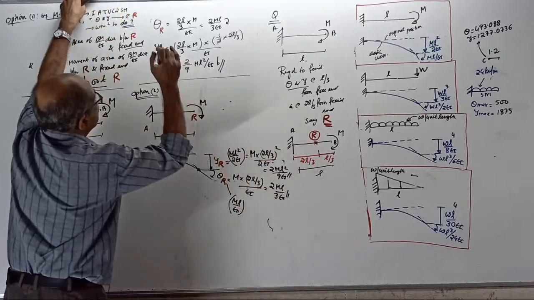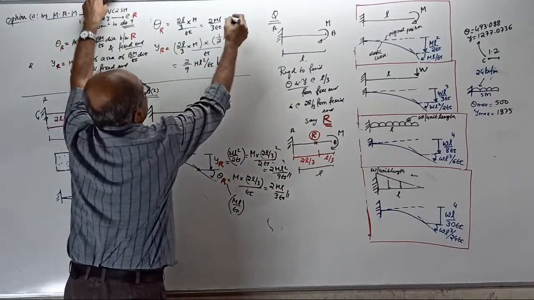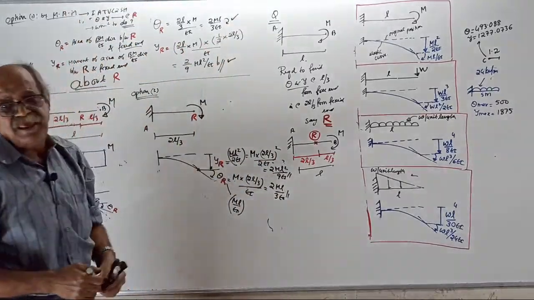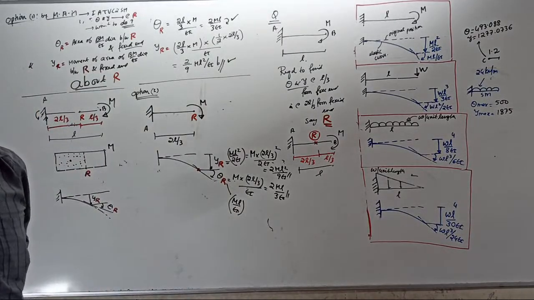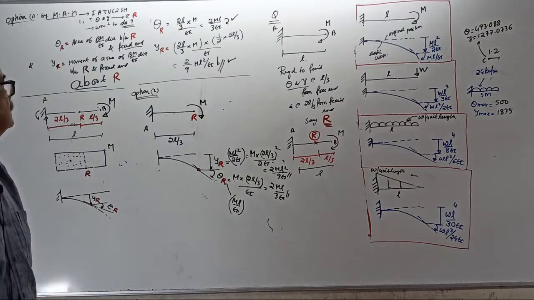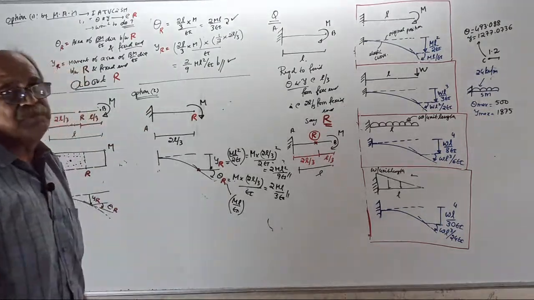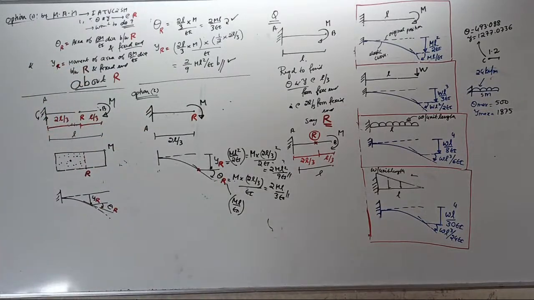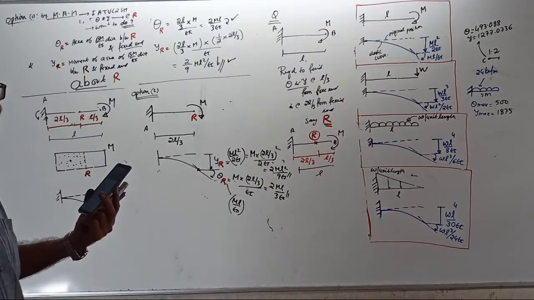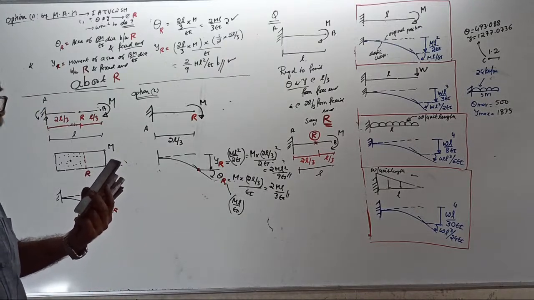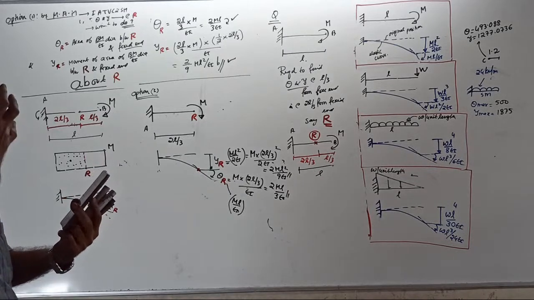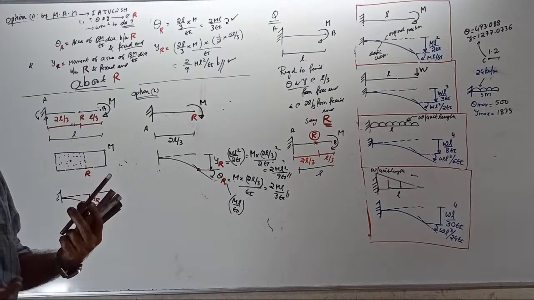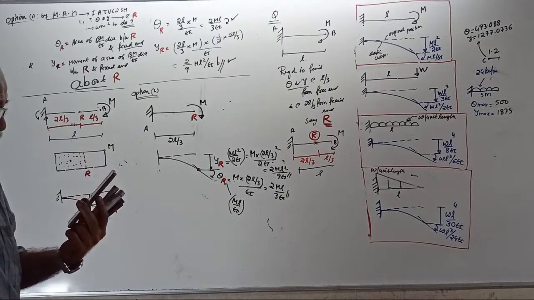Tell me, is the answer perfectly tallying or not tallying? Whether you do it by the moment area method or by your shortcut method, is the answer perfectly tallying? If it is not tallying, how can I stay in the classroom?